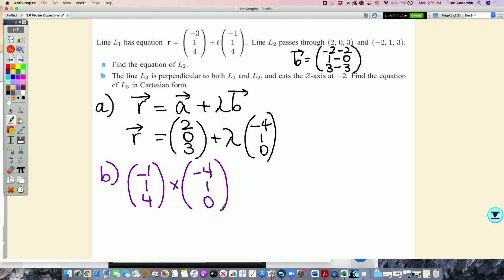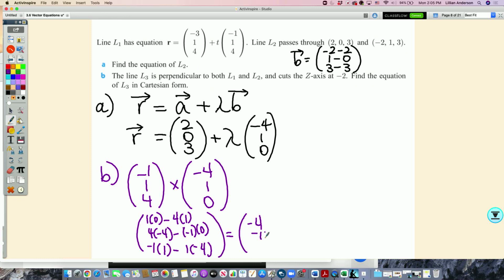So we get -4, -16, and 3. Remember, we have to do 1 times 0 minus 4 times 1. Then 4 times -4 minus -1 times 0. And then -1 times 1 minus 1 times -4. And that's how you get -4, -16, 3.